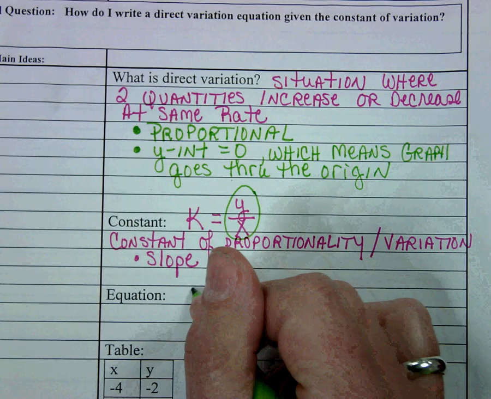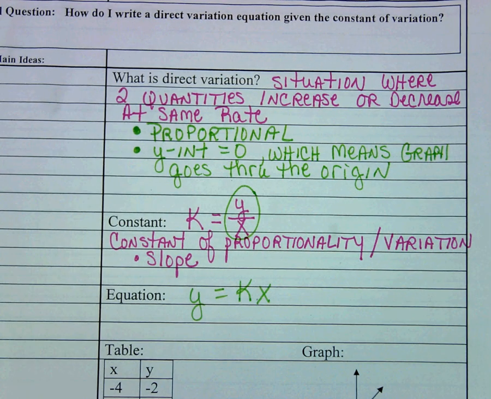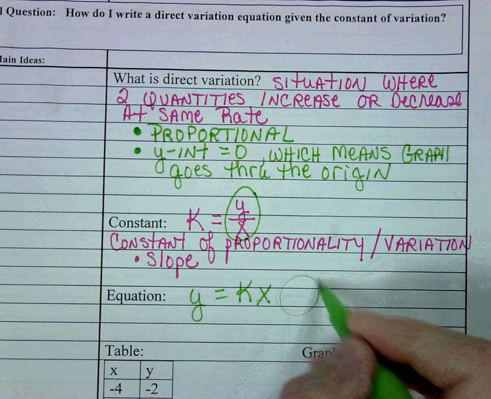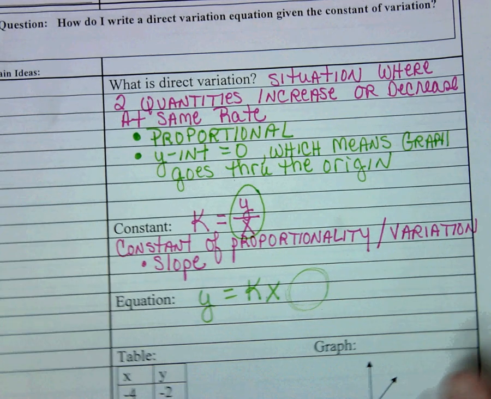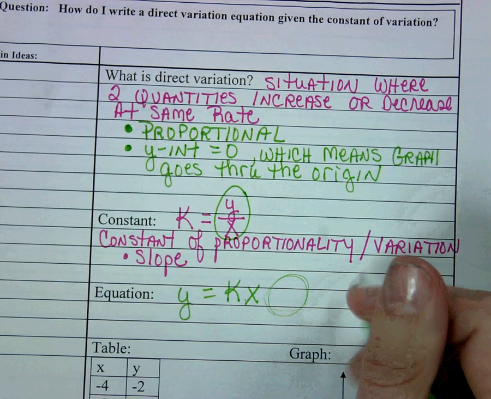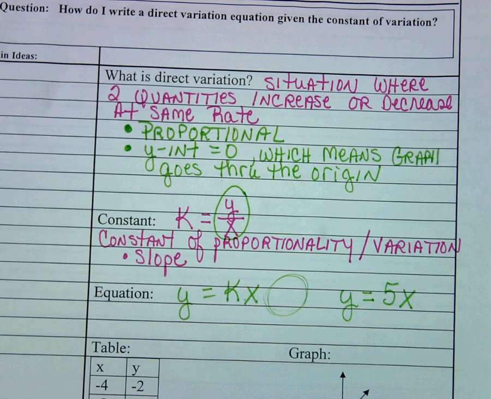The equation looks like this: y equals kx. Notice there's nothing added or subtracted on. That's because our y-intercept is 0. An example of a direct variation equation could look like this: y equals 5x. Simple enough, right?